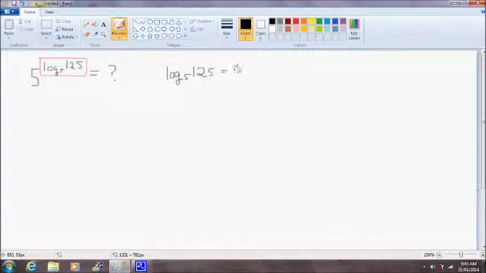And the answer to that is 3, because 5 times 5 times 5, which equals 5 to the third power, is equal to 125. And we covered how to understand this sort of terminology in our last video. So log to the base 5 of 125 is 3. So that means we have here 5 to the third power, which is equal to 125.